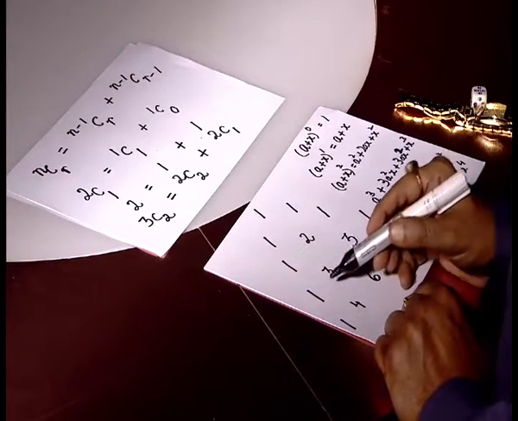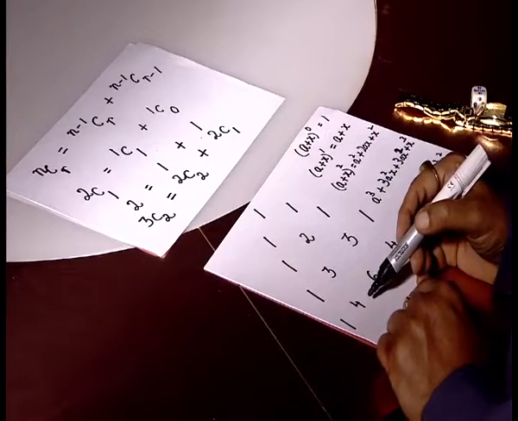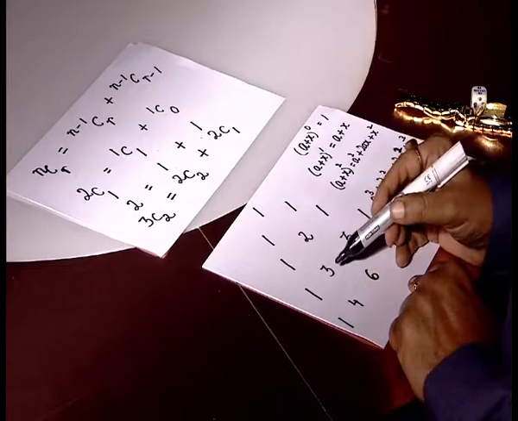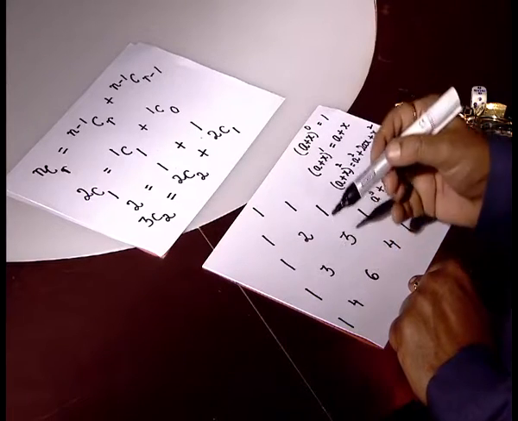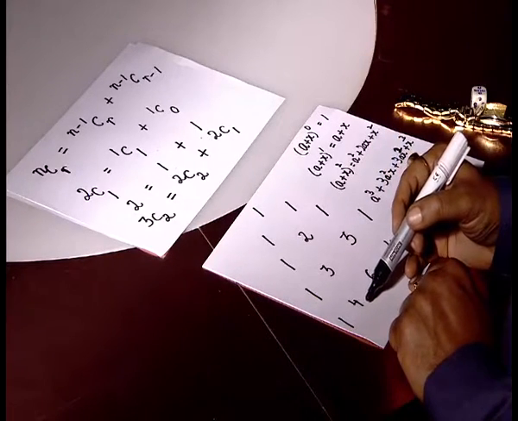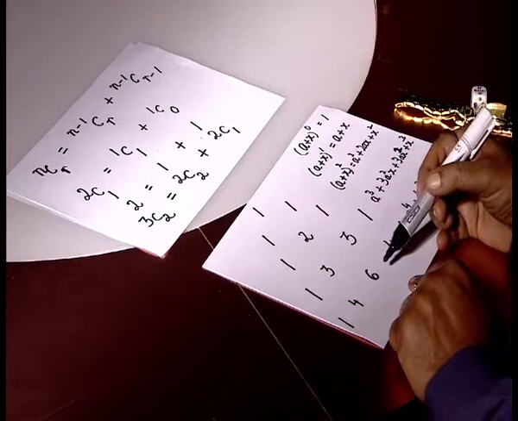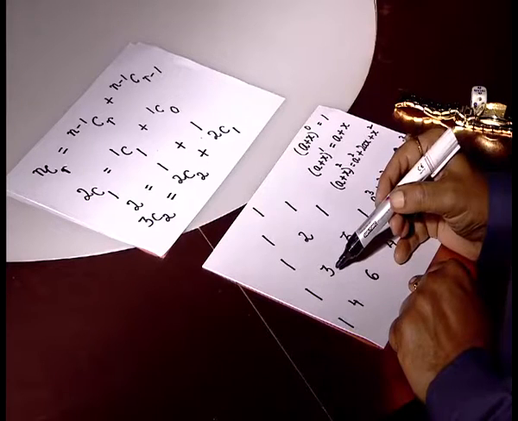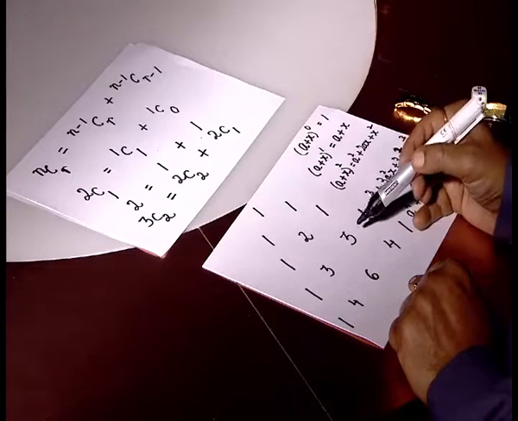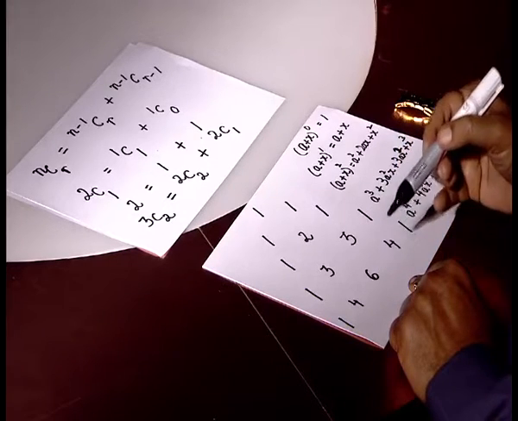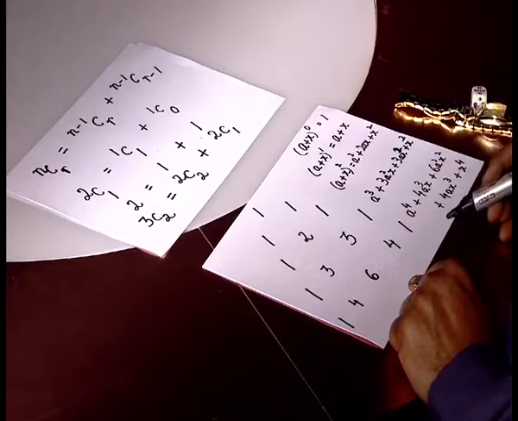Similarly, here 1 plus 3 equal to 4. So, that is a reflection of 3C3 plus 3C2, that is equal to 4C3, or 4C3 is equal to 4. Similarly, here you will get 3C2 plus 3C1 is equal to 4C2 and 4C2 is equal to 6.